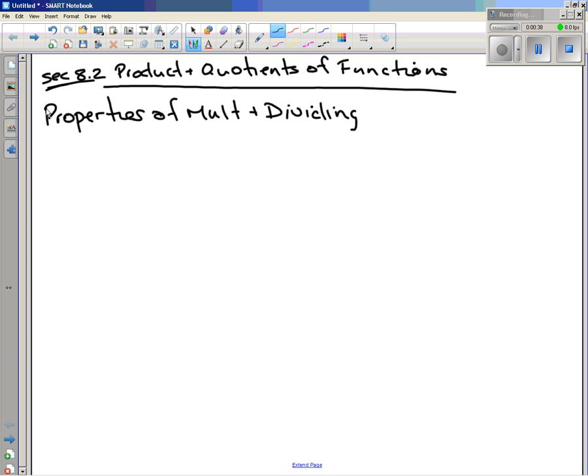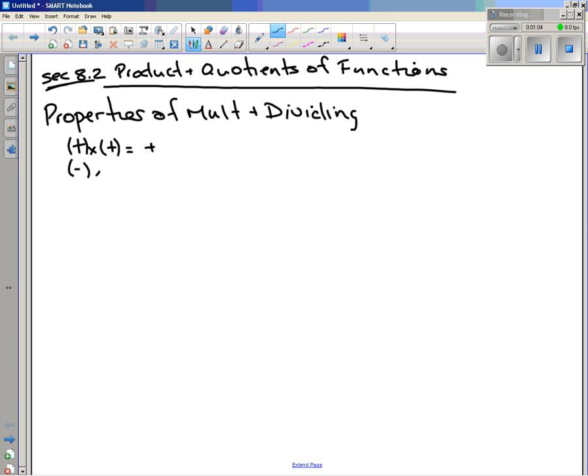Okay, so what's a property of multiplying that we know? We know that a positive number times a positive number is going to give us a positive. Okay, so something positive times something that's positive is going to give us a positive. Okay, what's another property that we're going to know?